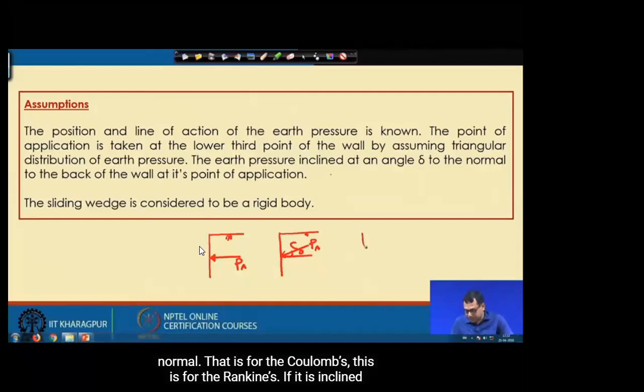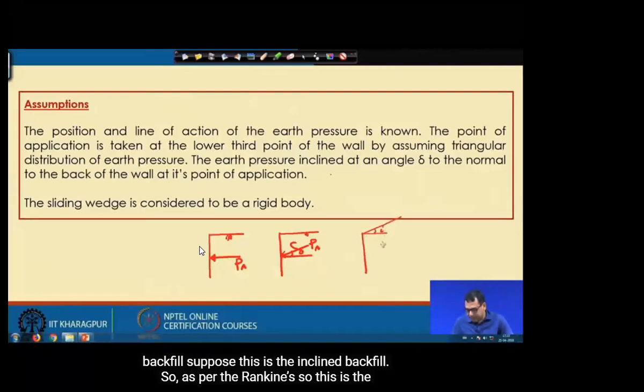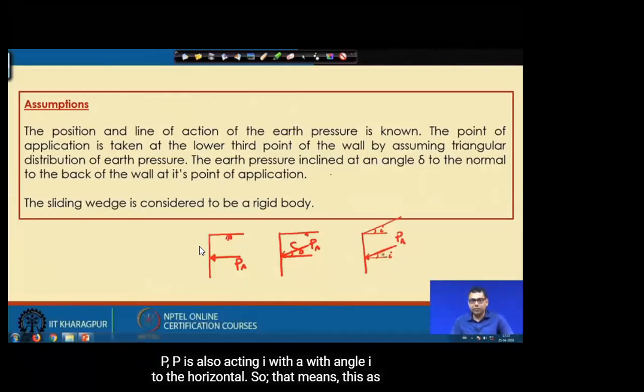If it is an inclined backfill, suppose this is the inclined backfill. As per Rankine's theory, this is the P. P is also acting with angle i to the horizontal. So as per Rankine's theory, this PA is always parallel to the backfill.